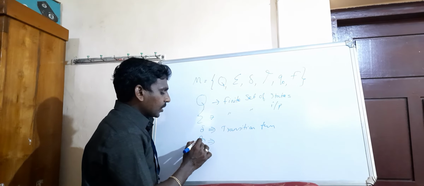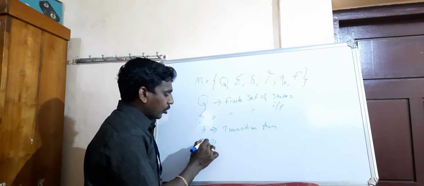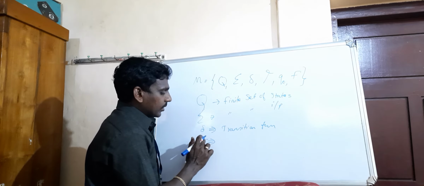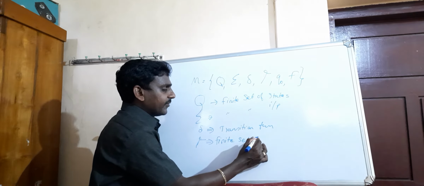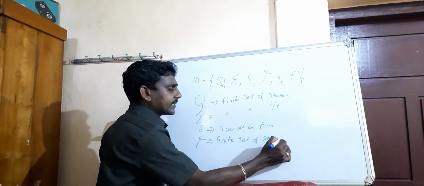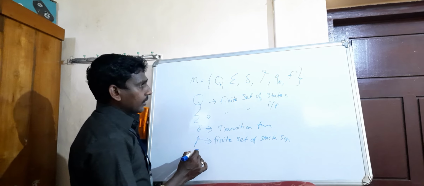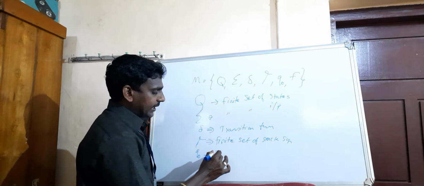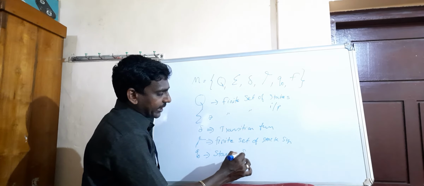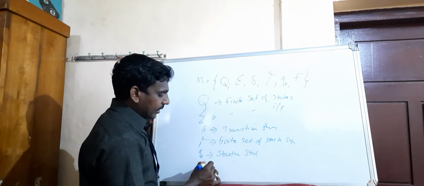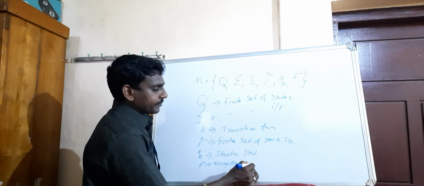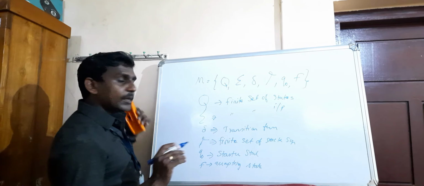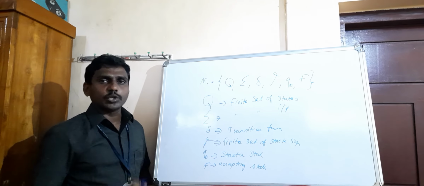Rho is a finite set of stack symbols, and q0 is a starting state, and F is an accepting state. Clear? So this is the model of PDA, pushdown automata.